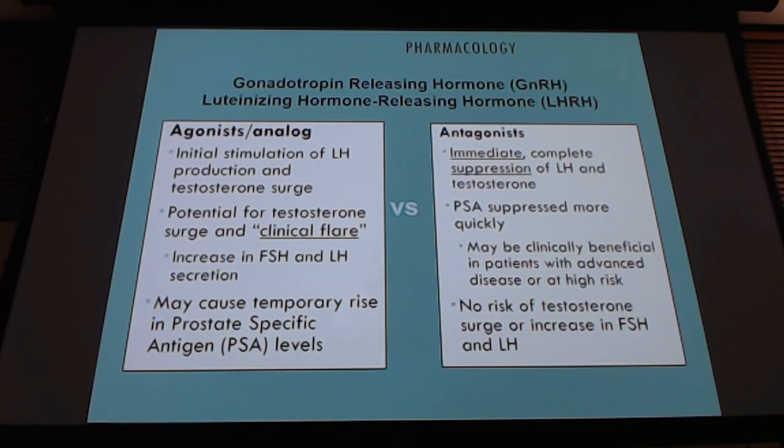Your antagonists, remember your antagonists are going against, okay? So it's trying to suppress something or do the opposite of. So when we're looking at this, you have your antagonists. Most of the time we're talking about our antagonists, we're going to be talking about things like our prostate cancer, if they're in that more severe disease state.